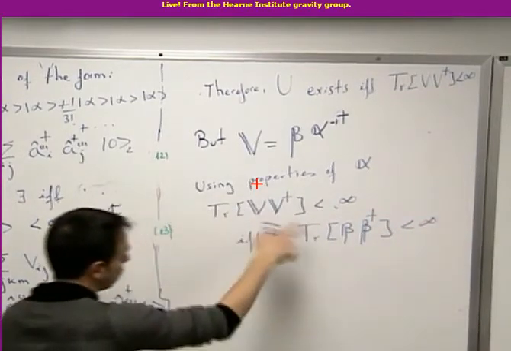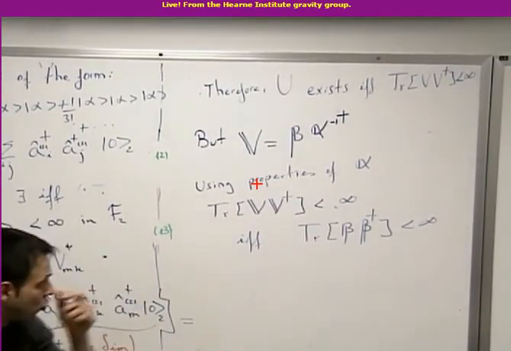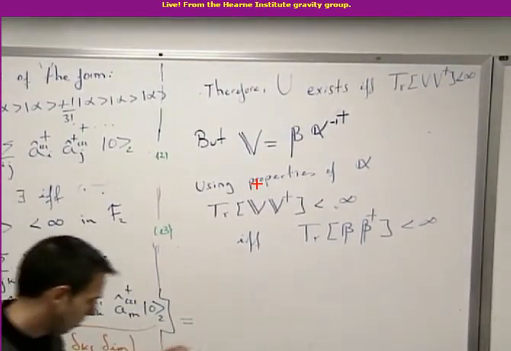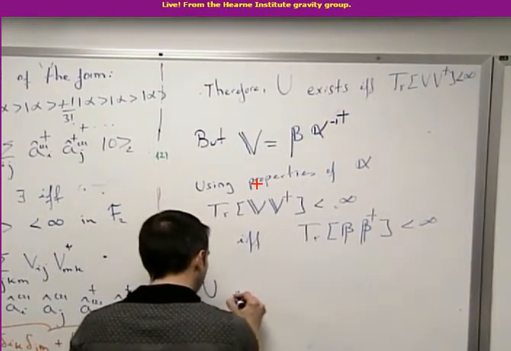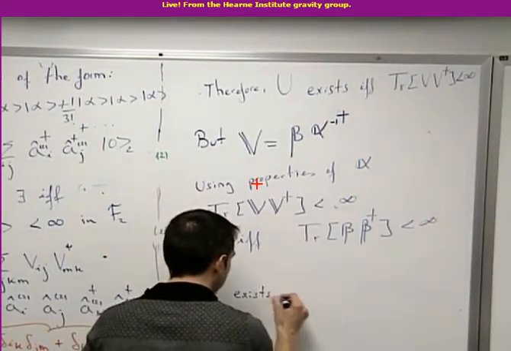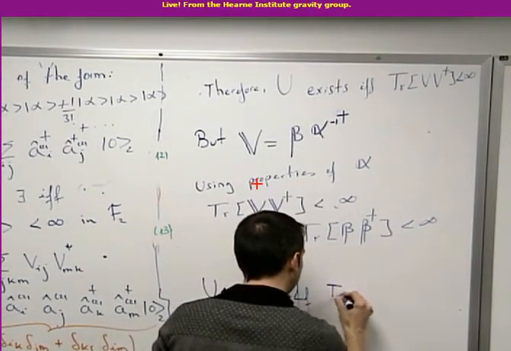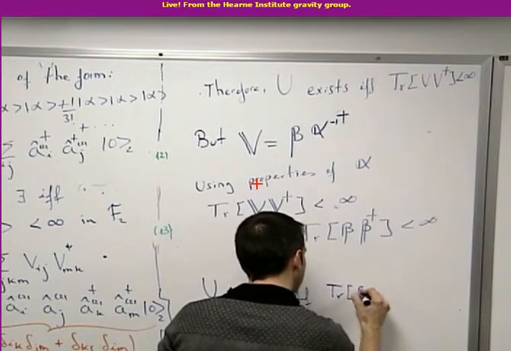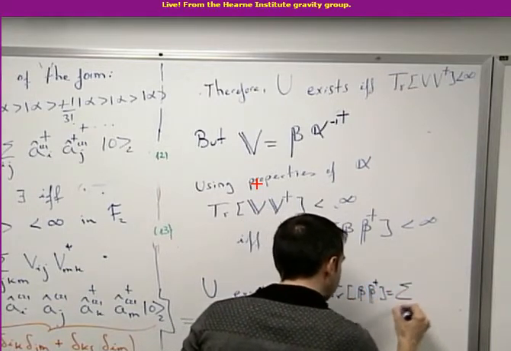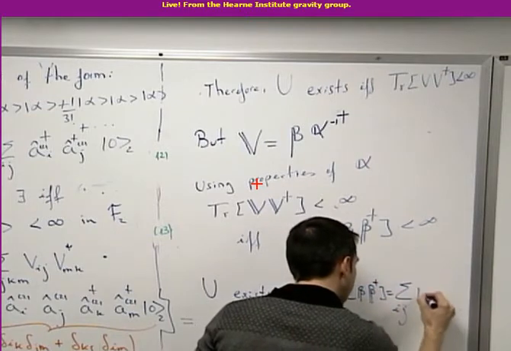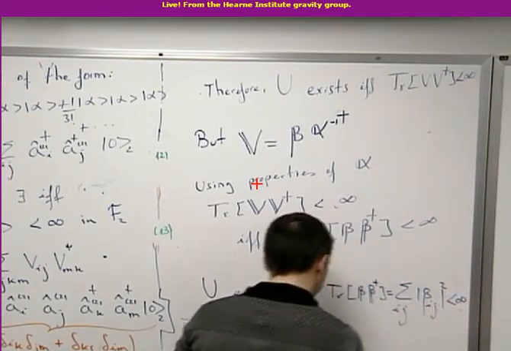So these two statements are equivalent using the properties. So my conclusion is that U exists if and only if this trace of beta beta dagger, which is the same as the sum over ij of |beta_ij| squared, is finite. This is the condition.